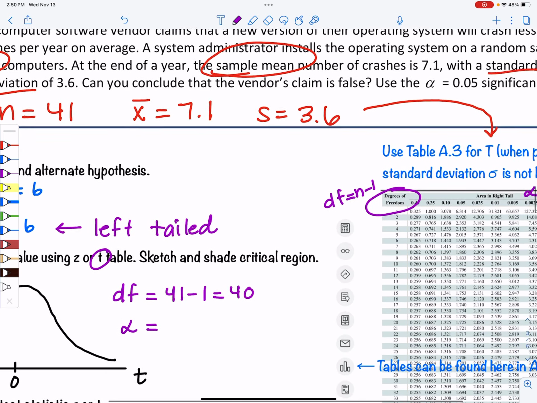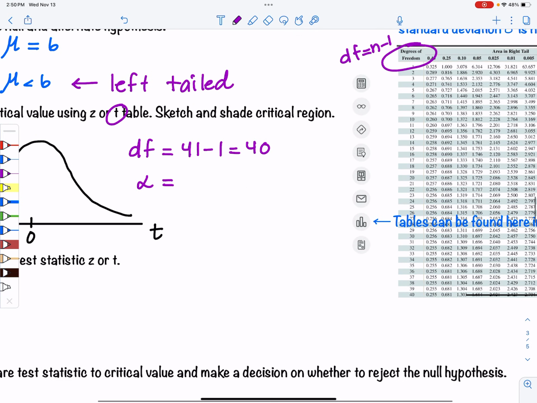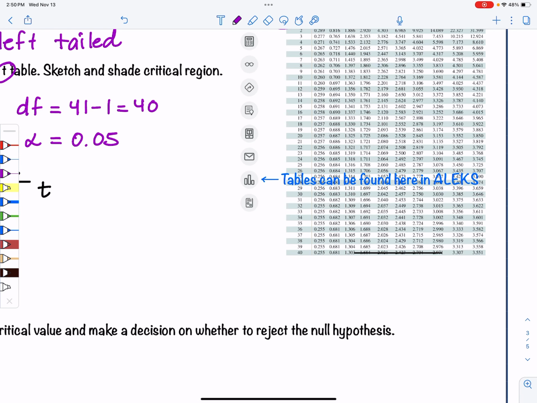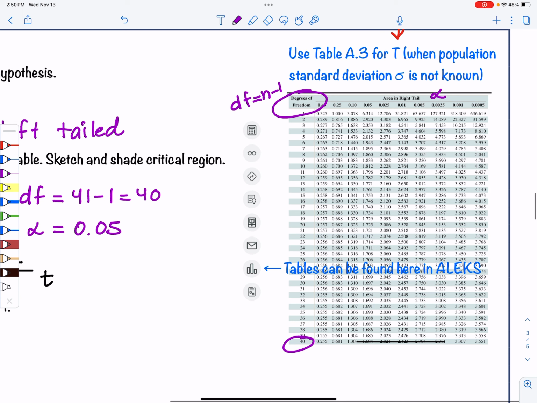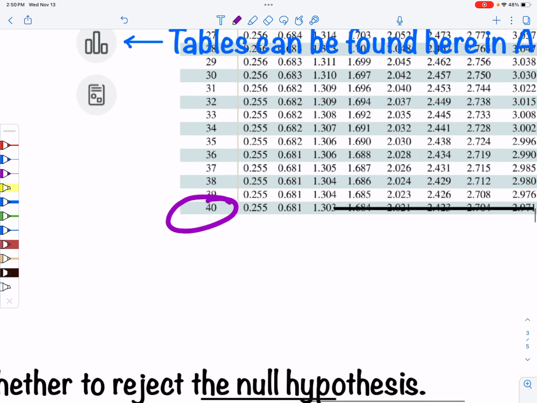And then we were told to run this test with a 0.05 level of significance alpha. Okay, that's what I'm going to take to my T table. So 40 degrees of freedom all the way down here at the bottom. And we want alpha at 0.05. All right, so if I follow this all the way down to 40 degrees of freedom, sorry, it's a little bit cut off there, but the value that I'm seeing is 1.684.